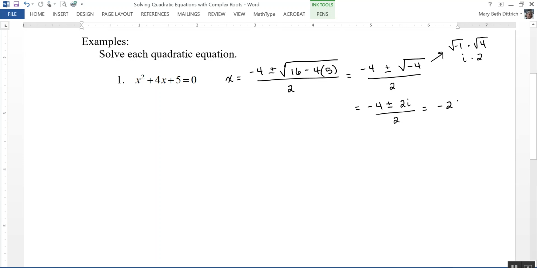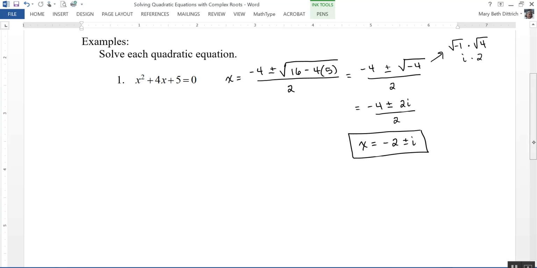So negative 2 plus or minus i. And recall that that is actually two solutions to that equation, negative 2 plus i and negative 2 minus i. Actually, I don't like the way that looks. I'm going to write it as x equals negative 2 plus or minus i, because we did solve it after all.